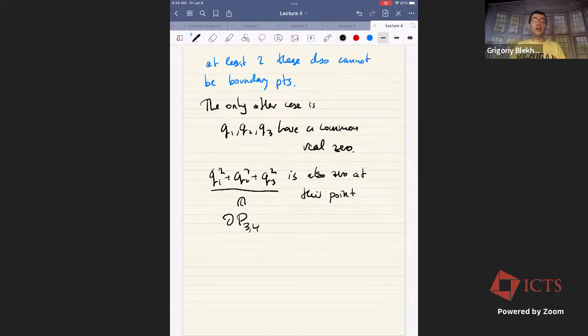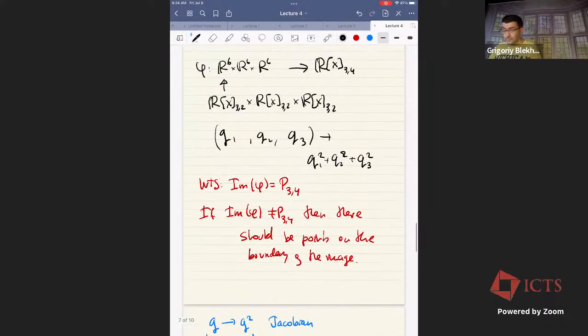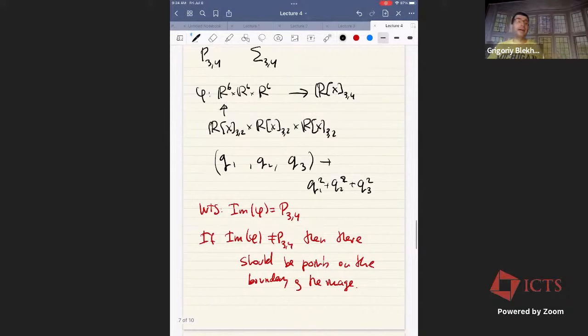And so now let's recap what happened here. We looked at this map phi that just takes 3 quadratics and maps them to their sum of squares. And now we found that the only boundary points of the image are the boundary points of the cone.